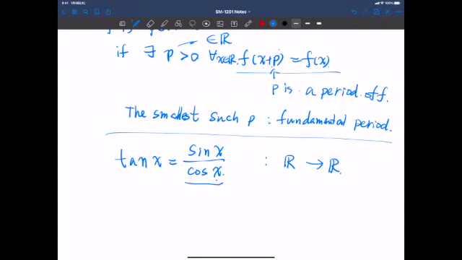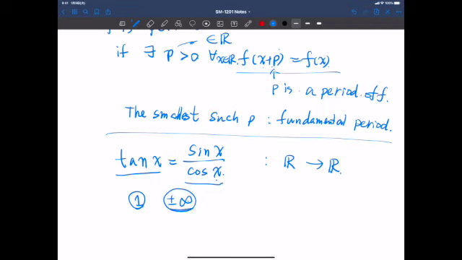So in order to make tangent x a function, we have two options. The first, we add something called plus minus infinity. So the codomain includes these two things.